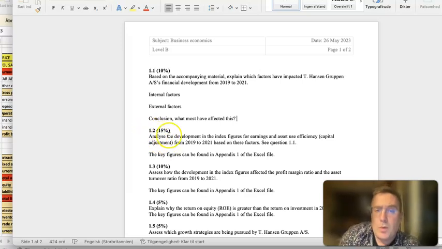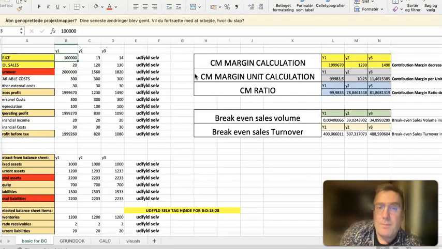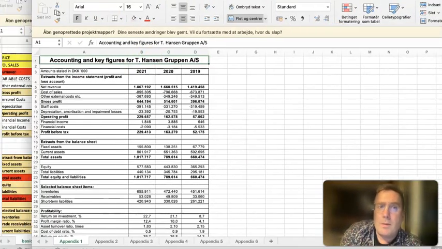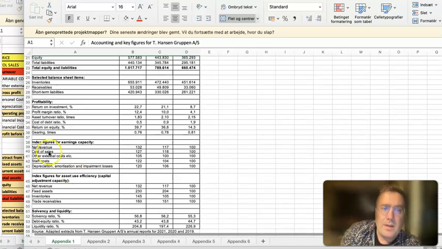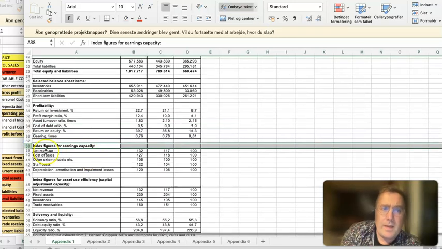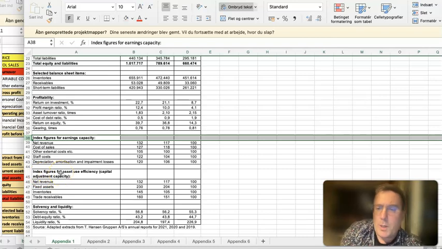Then question 2: analyze the development in index figures for the asset use efficiency and earnings efficiency from 19 to 21. You open the Excel file, which will then give us this. From A38, you have earning capacity, and here you have asset use efficiency.